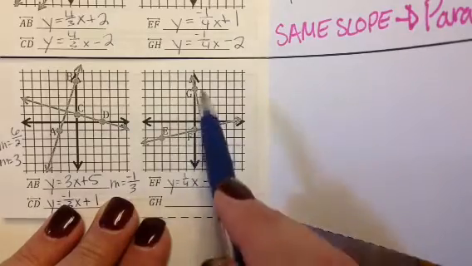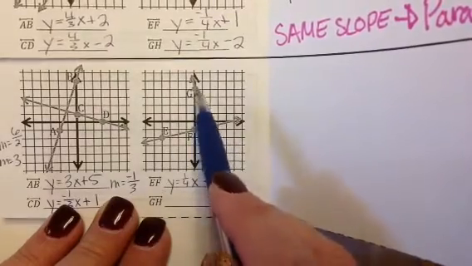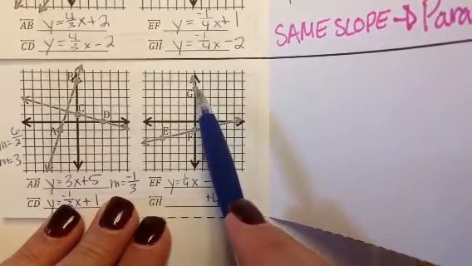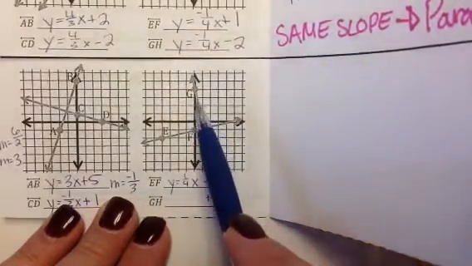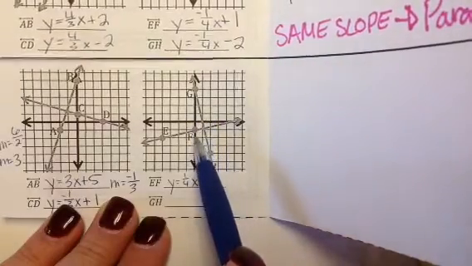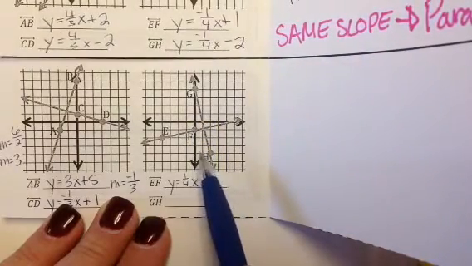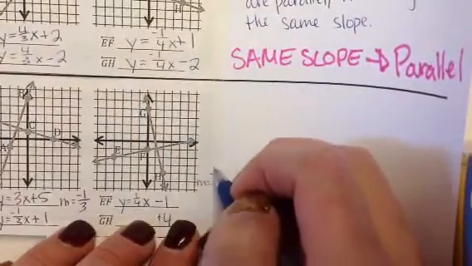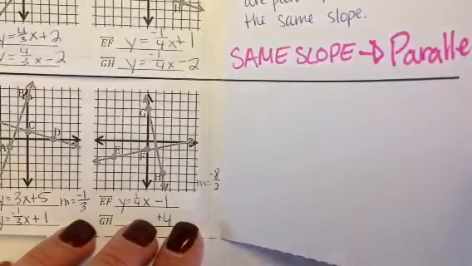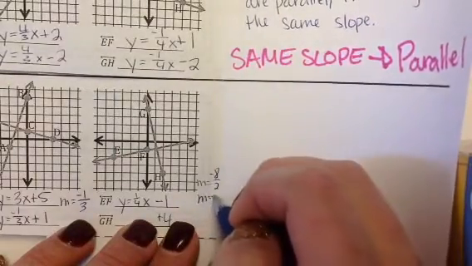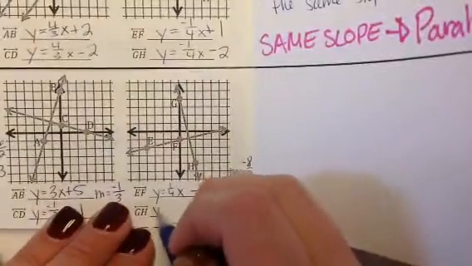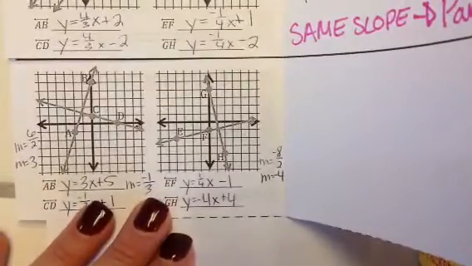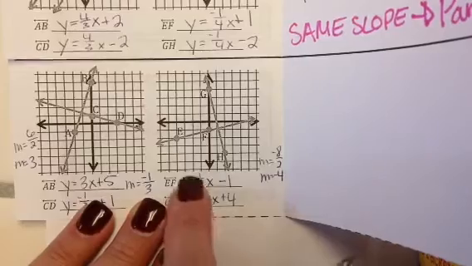GH has a y-intercept of 4 and a slope of down 1, 2, 3, 4, 5, 6, 7, 8 over 2. So it's m equals negative 8 over 2, and that reduces to negative 4. Y equals negative 4x plus 4. Do you notice anything between these two slopes?